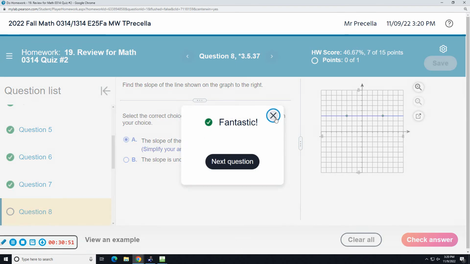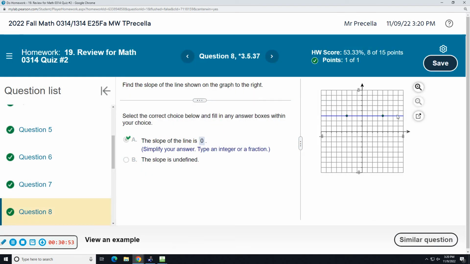All horizontal lines have a slope of 0. And notice, if we had used rise over run, because I bet some of y'all wanted to use rise over run, start here. How many units up or down do you move to get on the same level as this secondary point? 0. So you had a rise of 0.